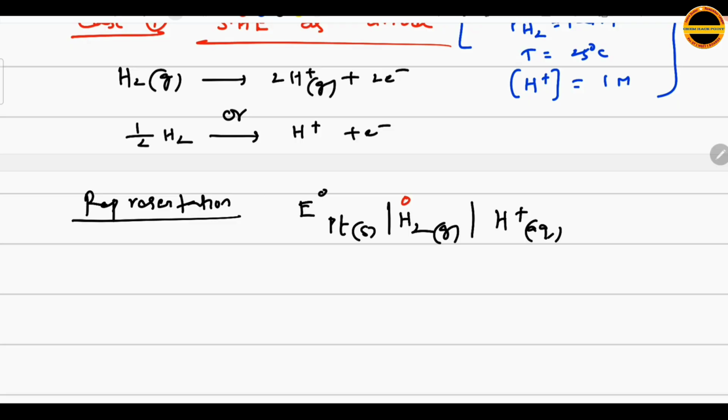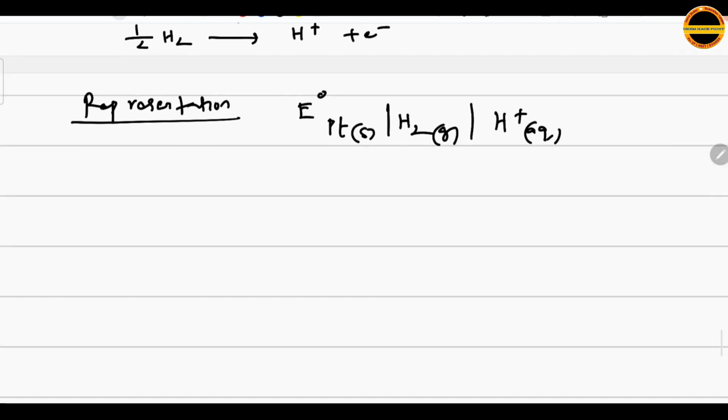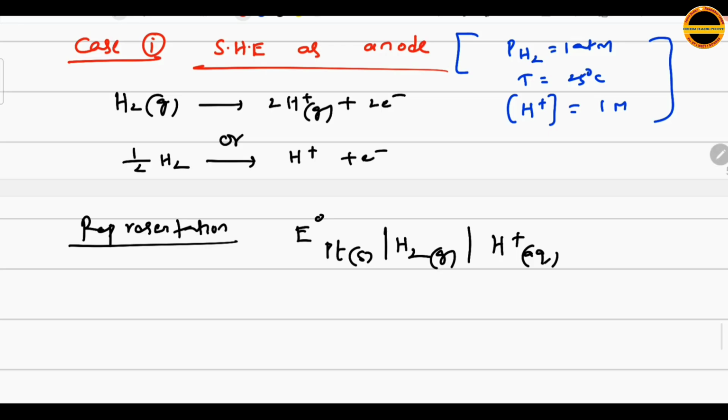That's why it is the oxidation representation. So we also know the reaction, by using which we can write the Q value.